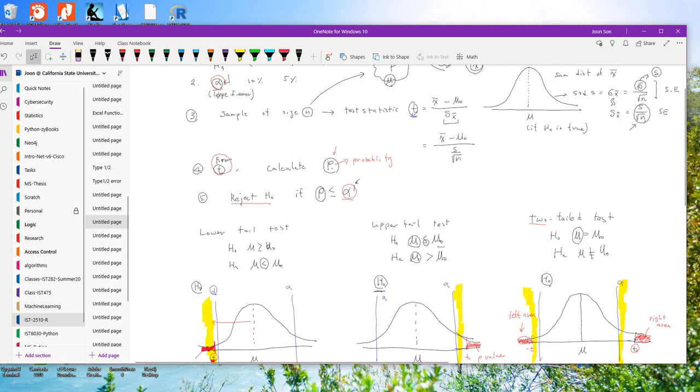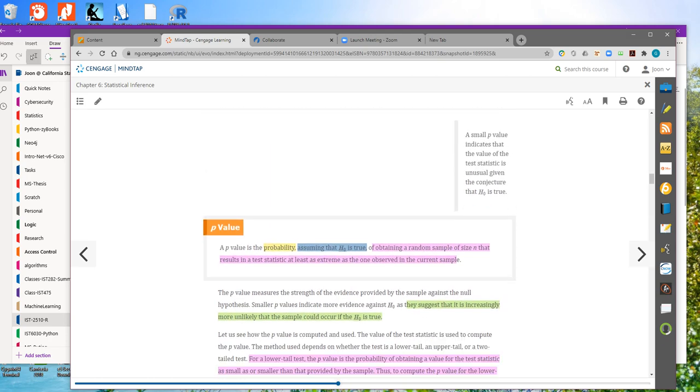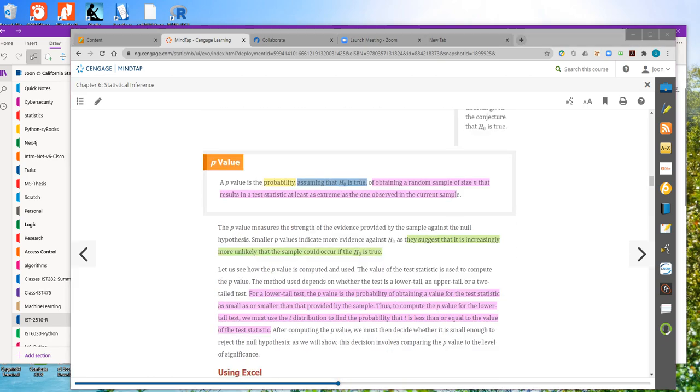Okay, so another interpretation. This is another interesting interpretation. I want you to look at what the p-value means from a very different angle.